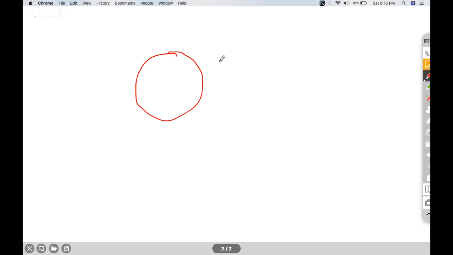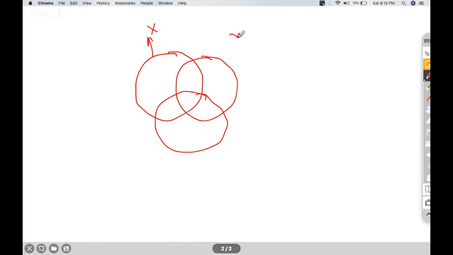Three variables are, suppose, this is x, this is y, and this is z.